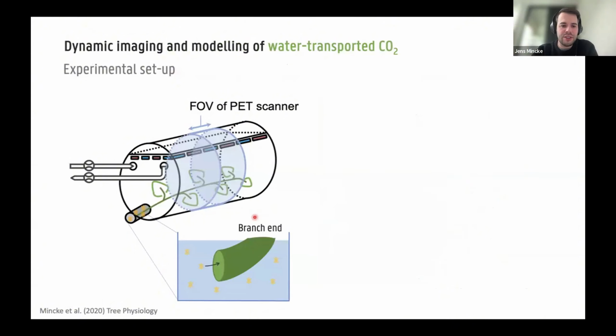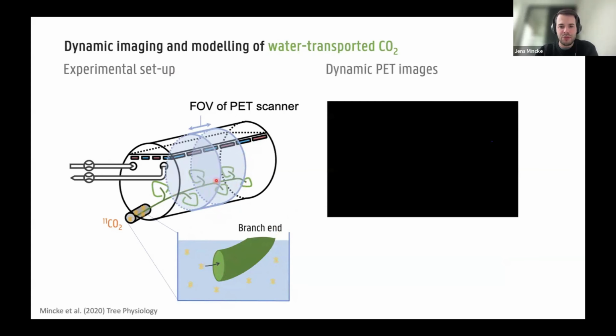Here we use carbon dioxide, so the same molecule, but not as a gas; it is dissolved in water, as can be seen here. And we put, of course, a branch into this radioactively labeled water. We also have some light so that the plant can perform normal functioning.